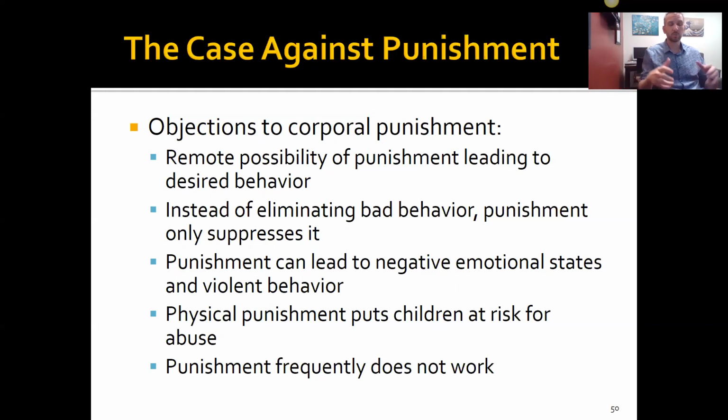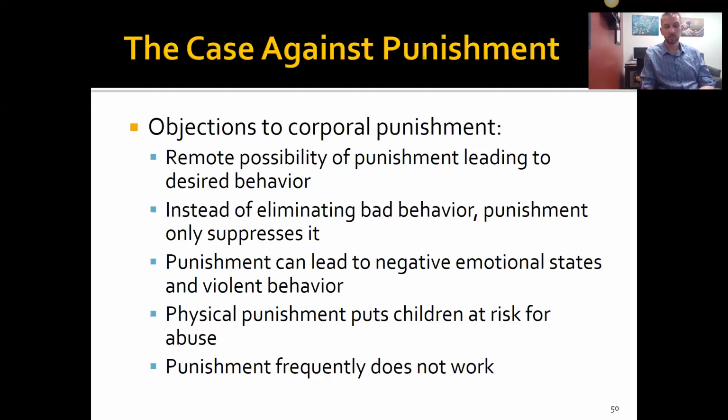Or maybe it's pushing against a wall, and it escalates because the parent's like, well, I'm trying it. It got their attention at first, but now it doesn't. So let me try it a little bit more and a little bit more and a little bit more. Generally they find that's a process for arriving at abuse.